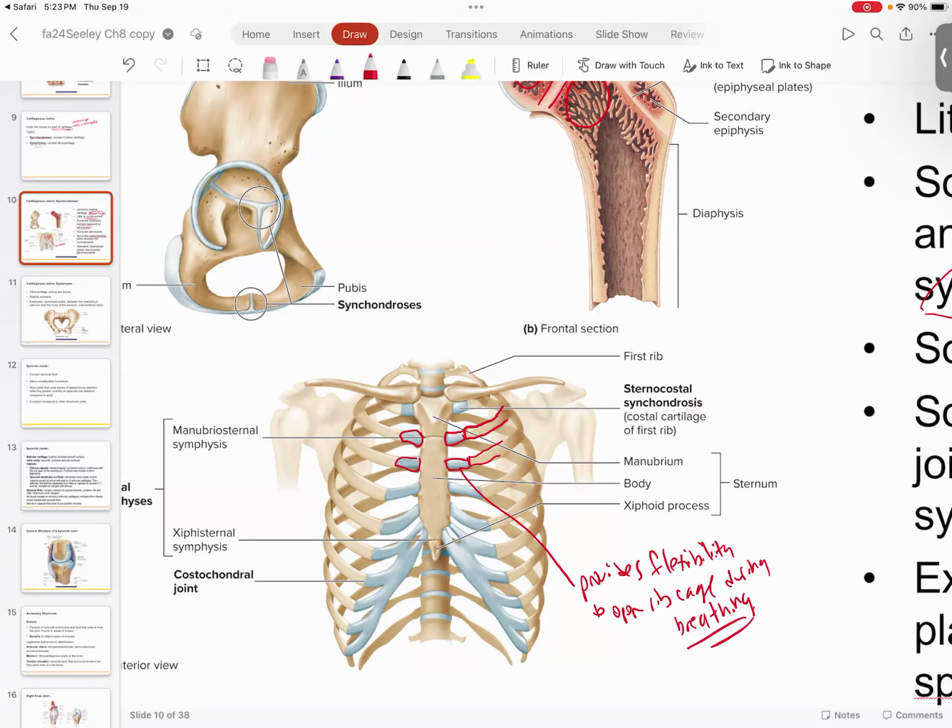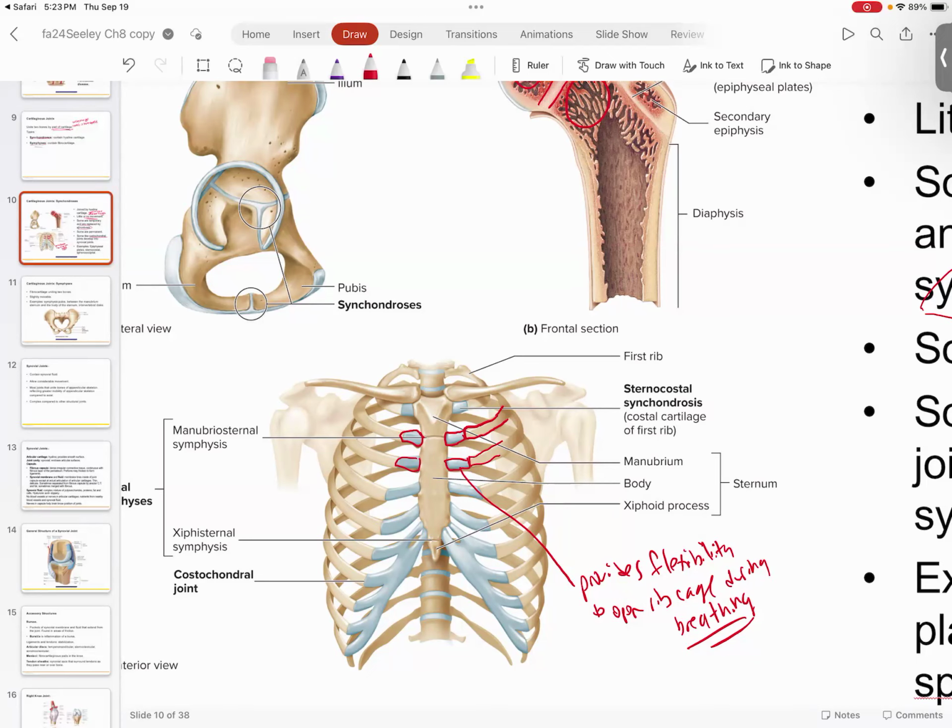Remember, costal cartilage, hyaline cartilage in general, is more flexible as a support tissue. This allows you to expand your rib cage as your lungs fill up with air, giving your rib cage flexibility to expand and contract.